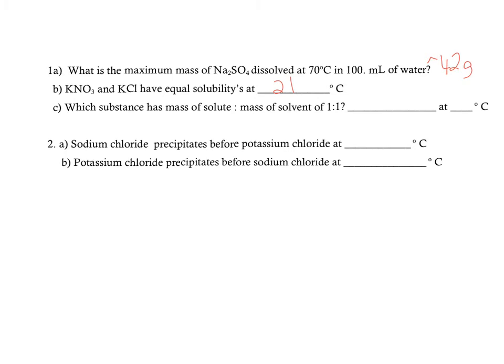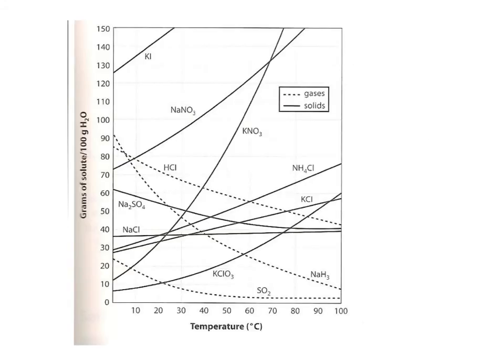Which substance has a mass of solute to mass of solvent of 1 to 1? Well, the graph has 100 grams of solvent. So we're looking at who has 100 grams of solute dissolved and at what temperature. So we need to figure out who here can dissolve 100 grams in 100 grams of water.